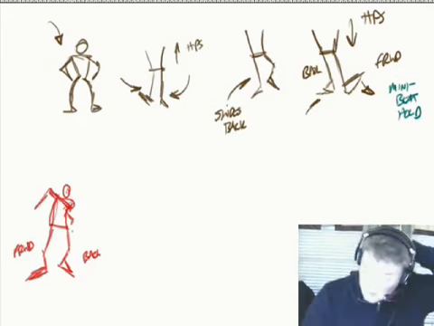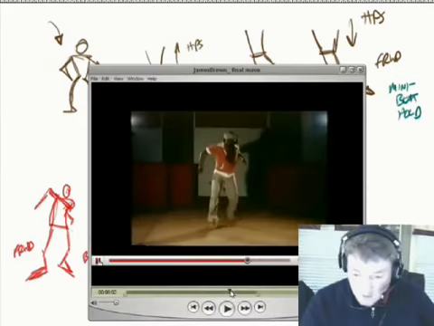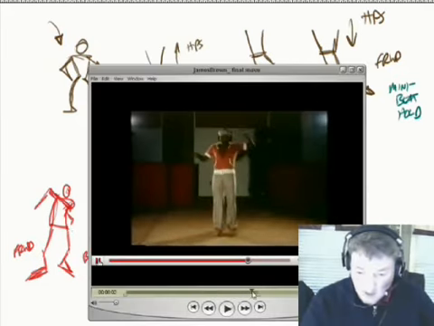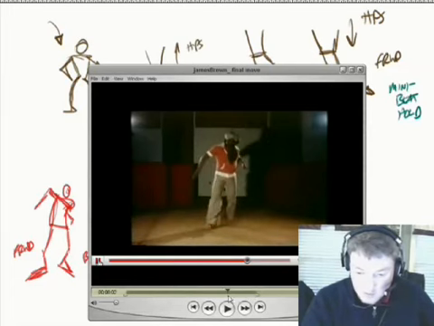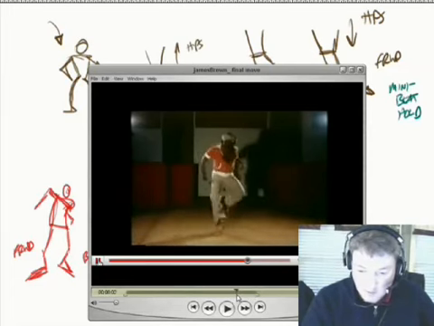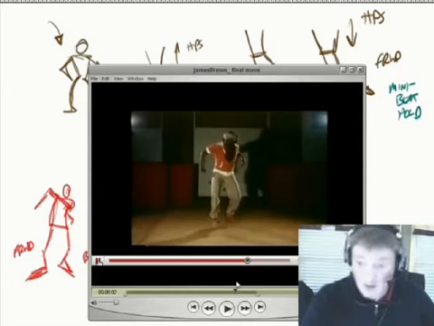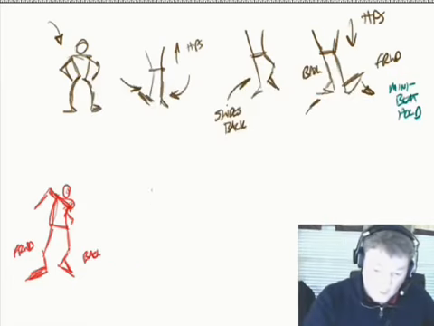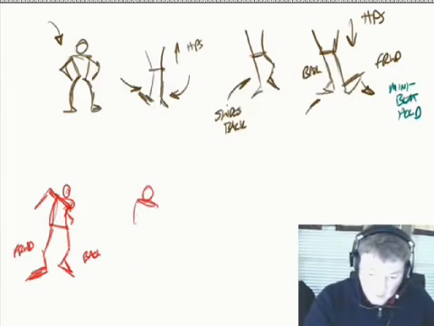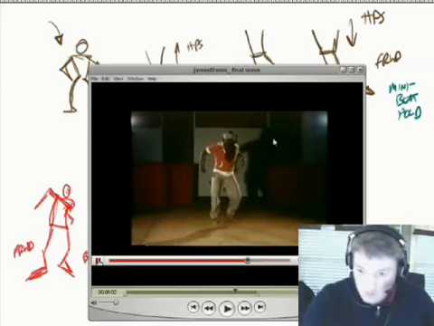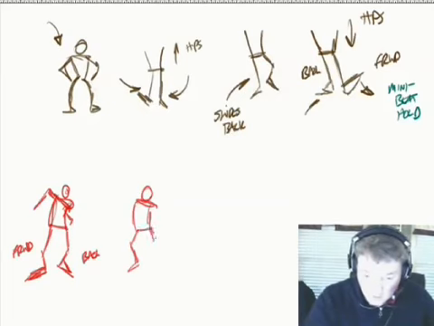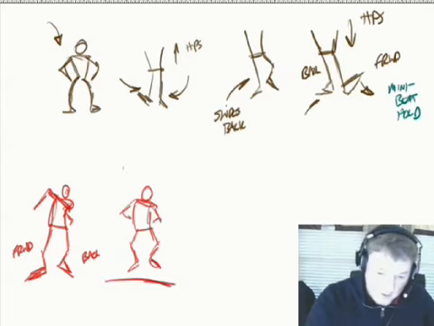Alright, and when he does that, he hops forward. See right there? So there's this hop where he's in the air. And let's see, like so. Okay, so there's a hop.